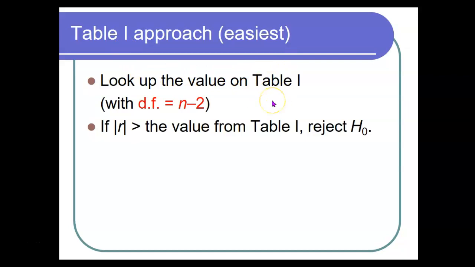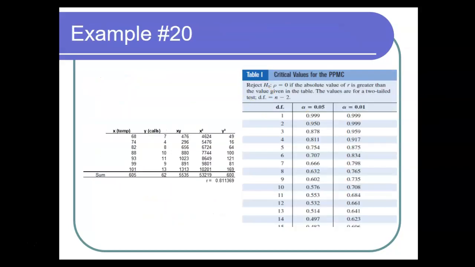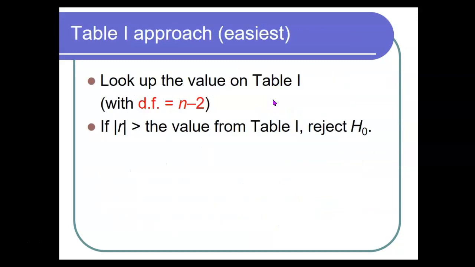And I've included a copy of it at the end of your notes. Well, here it is, table I, critical values for the PPMC. And it explains at the top of the table how to use it.